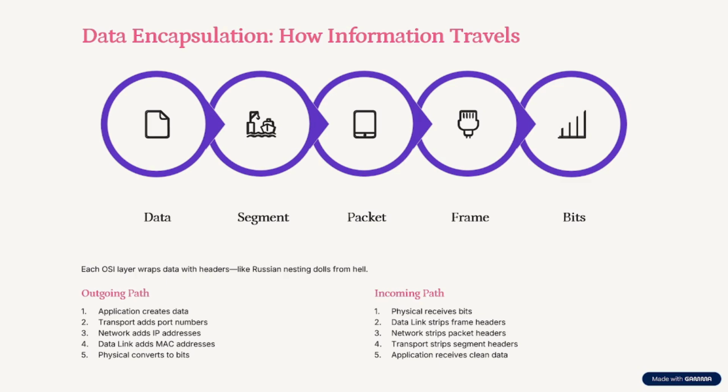On the outgoing path, the application generates data, transport adds port numbers, network adds IP addressing, data link adds MAC addressing, and physical converts to electrical or radio signals. On the incoming path, each layer removes its corresponding header until the application receives the clean data. Security relevance: understanding encapsulation enables packet crafting, traffic manipulation, man-in-the-middle attacks, and deep packet inspection. Without understanding encapsulation, packet-level exploitation is not possible.